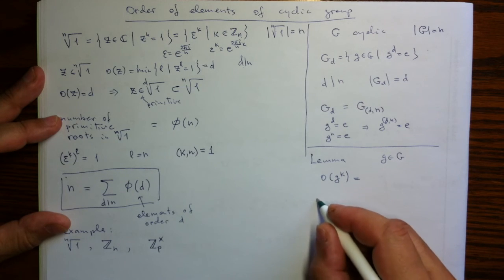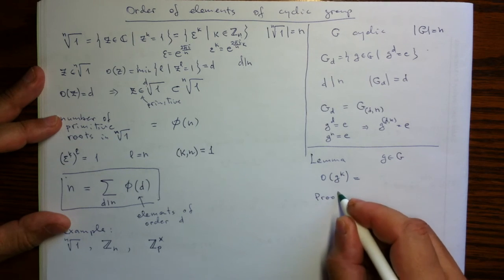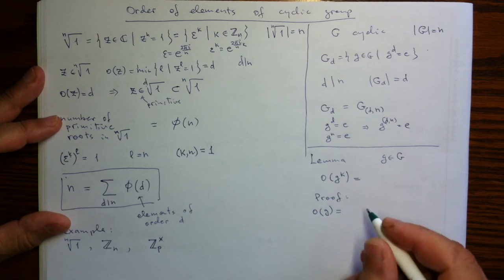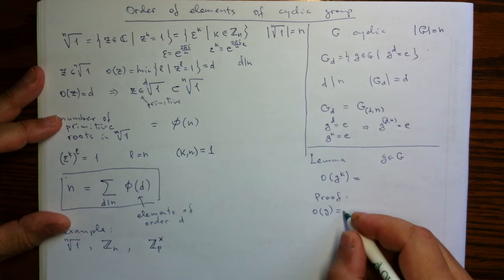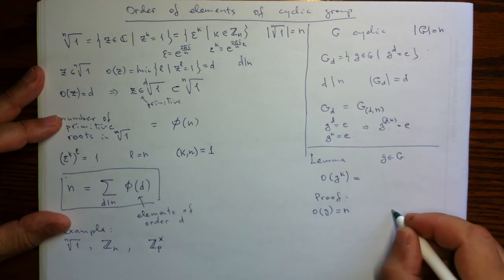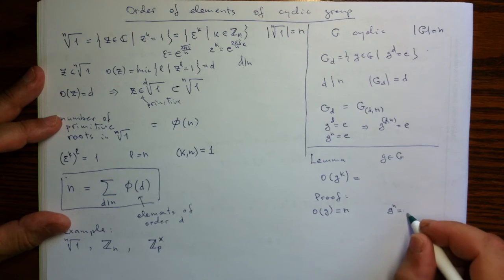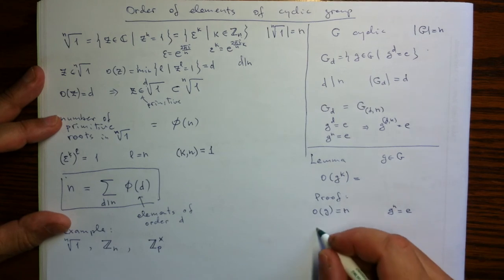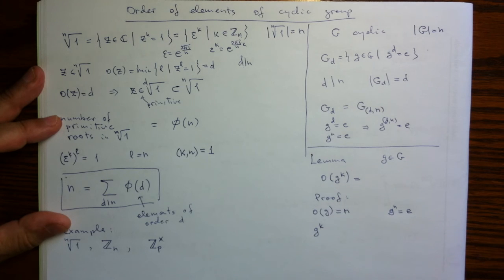So okay, let's investigate. Let's fix the order of element g to be n. So that means that the first power of g which is the identity is the nth power. And then we want to compute the order of some other power of g.